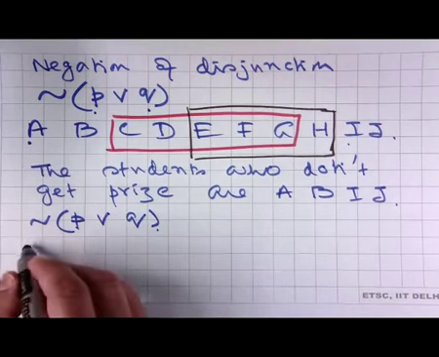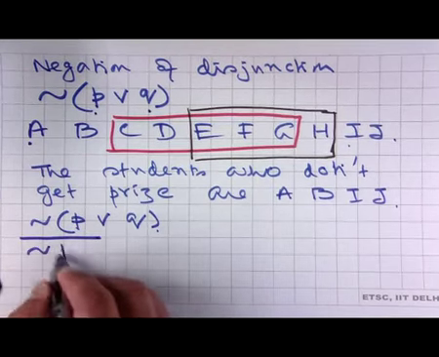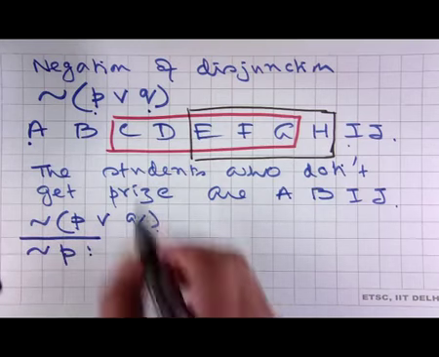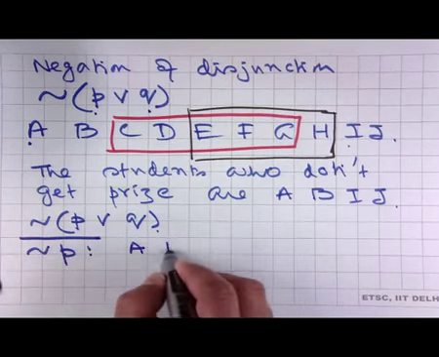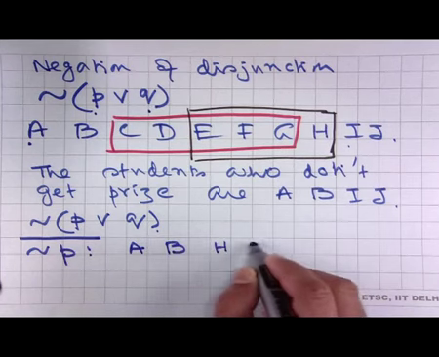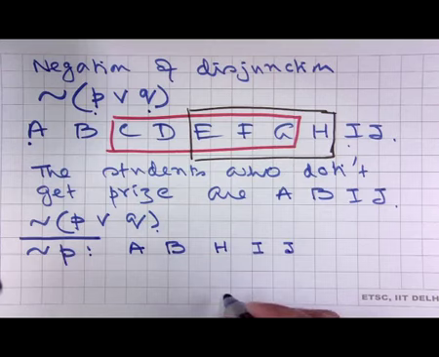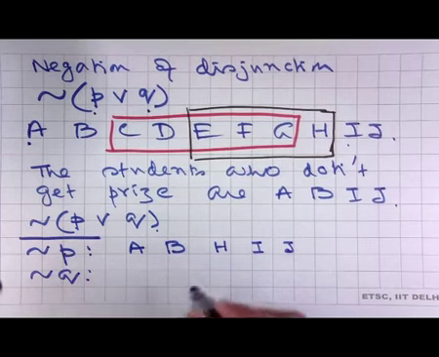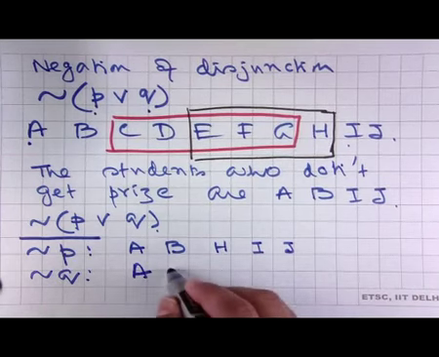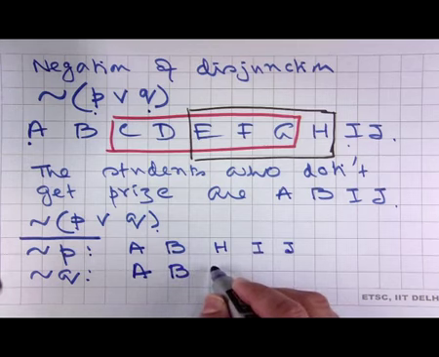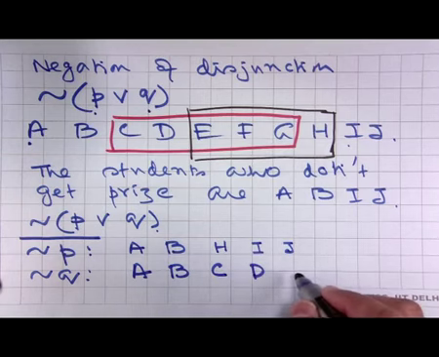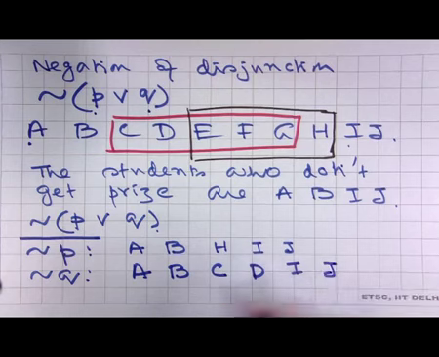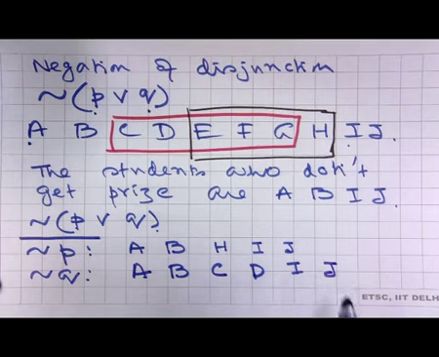Now, what is not of P? Negation of P is A, B, H, I, J. What is negation of Q? Negation of Q is A, B, C, D, I, J, because these are the students who did not get 95% in computer science.